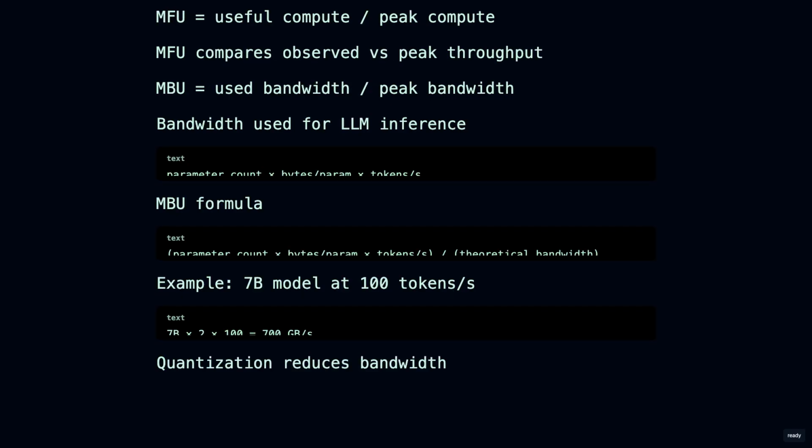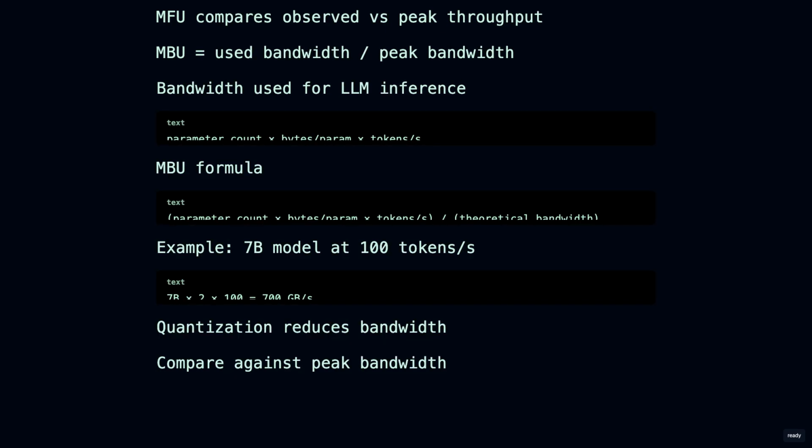That is one reason quantization matters. Fewer bytes per parameter means less bandwidth pressure, which can improve serving efficiency. Now compare the workload demand with the GPU's maximum memory bandwidth.